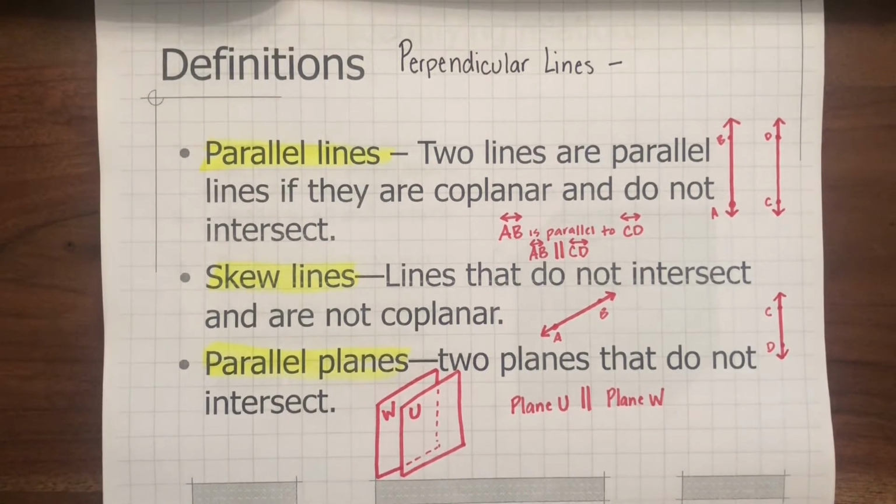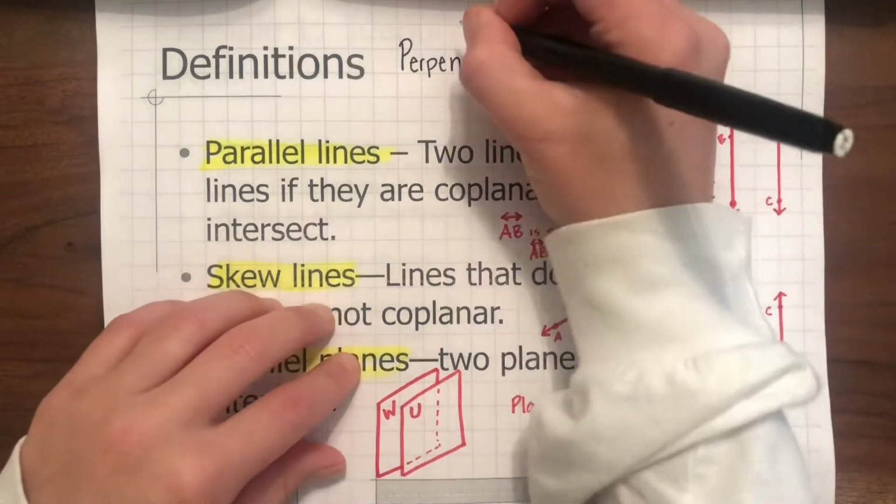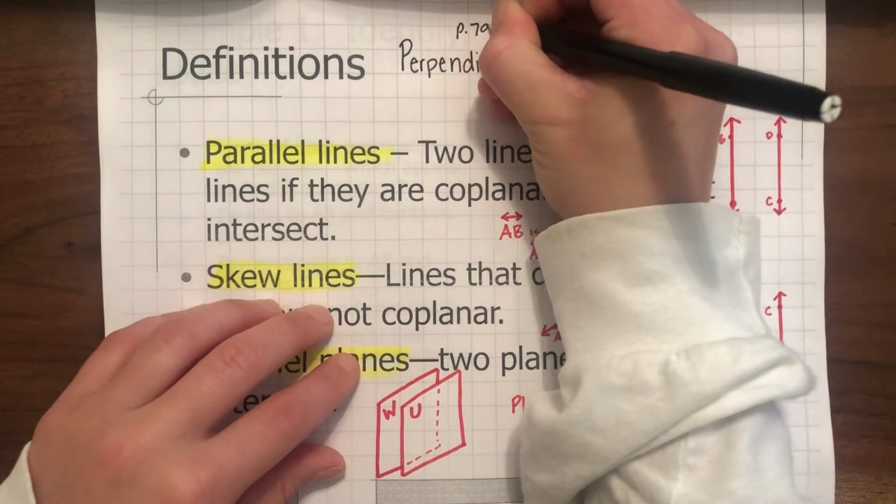I forgot the page number. It was before section 2.4, and that's where we started in chapter 2. Okay, here we go, page 79.